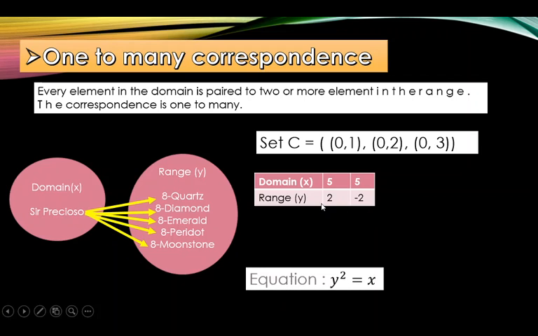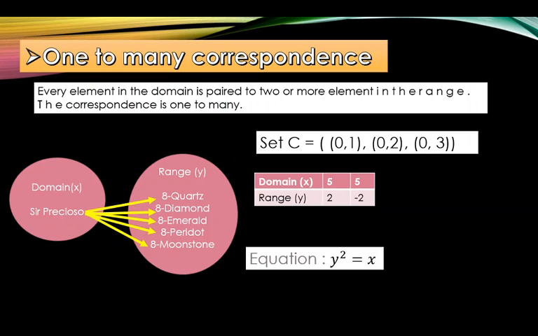Okay? Next. An equation is one-to-many correspondence if, take a look at here, ang value ng x natin isa lang because the exponent here is 1. And it is paired to y square. What does it mean? We have 2 values for y. That's why we have x is 1, that is the domain, and y square is 2, that is the range.